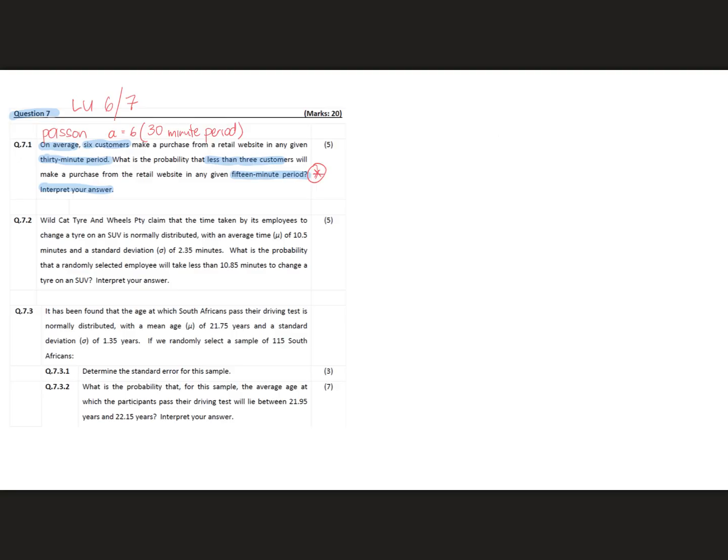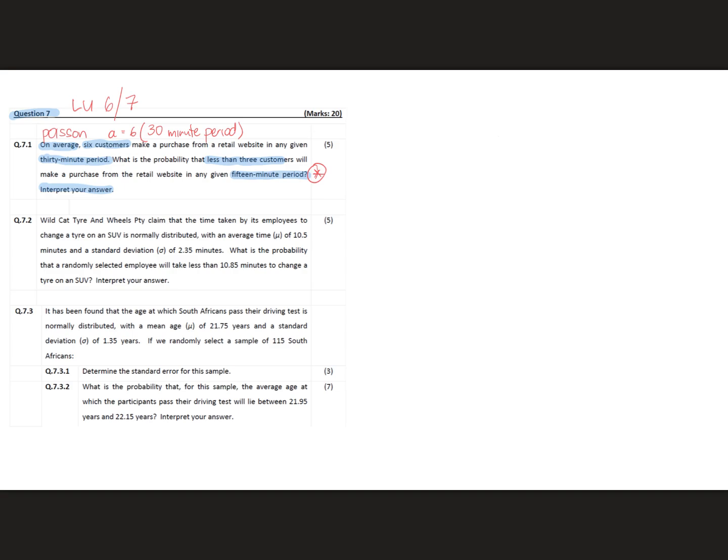So here, that means we need to adjust the value of A that we had written out at the top. Remember, we said that A is equal to 6 for a 30-minute period. This is now half of that time period. So the A value would also be halved respectively.